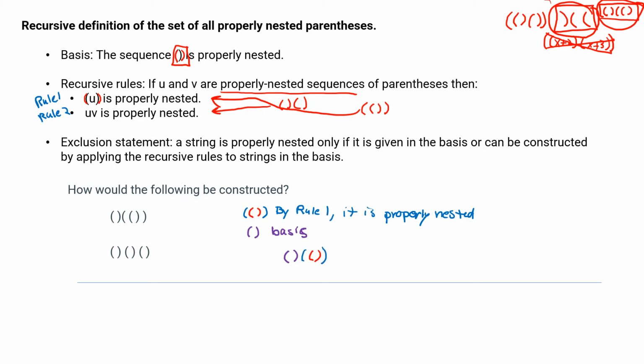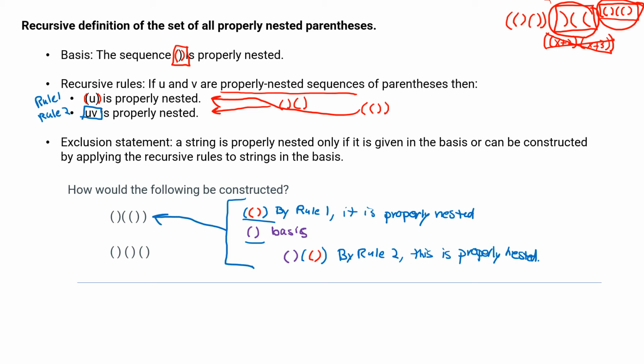And I put them next to each other using rule 2. Then by rule 2, this is properly nested, because I put this one and that one together, and that's what rule 2 is all about. Okay, so that's what I would do to get that one.